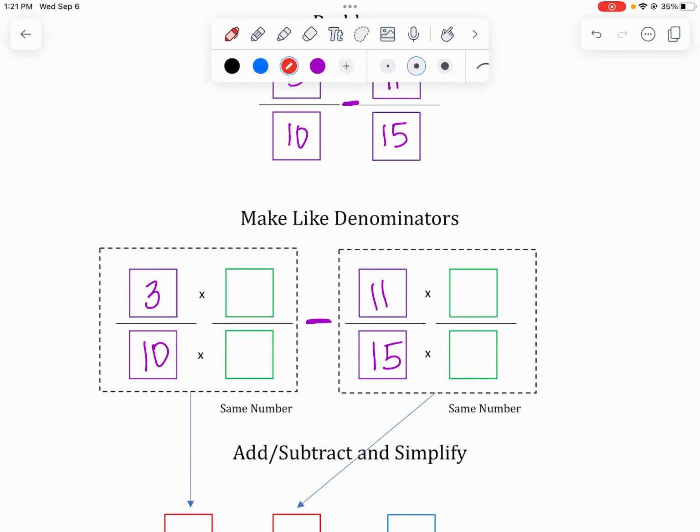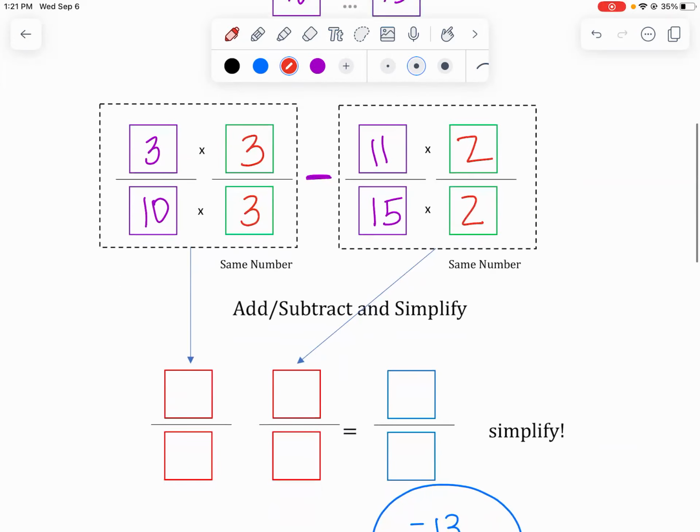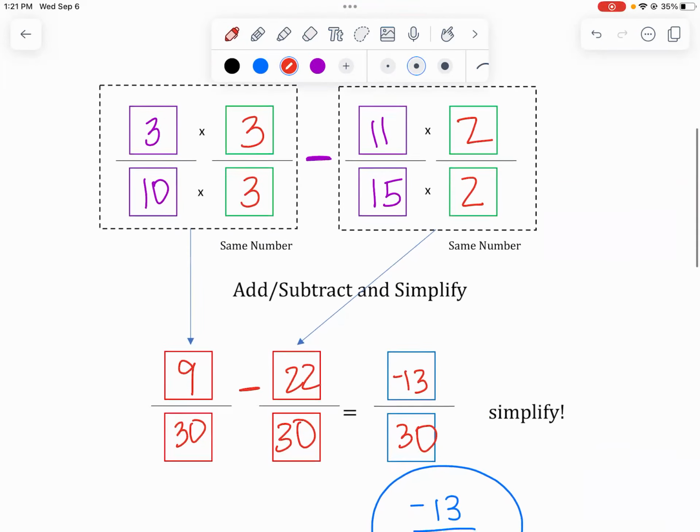So if we multiply 10 by 3 and 15 by 2, then our common denominator could be 30. So we could have 9 over 30 minus 22 over 30. We get negative 13 over 30 for our answer.